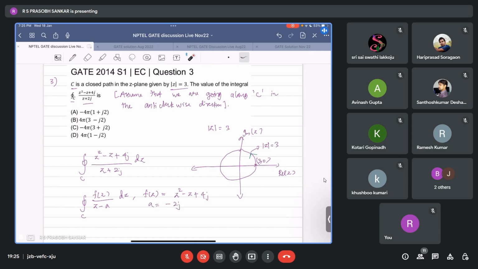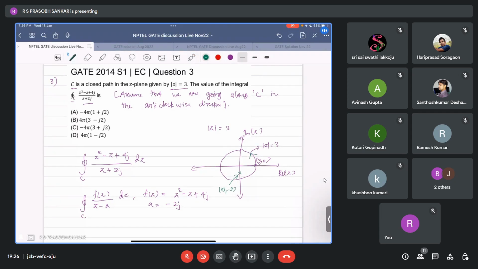It's easy to see that whatever integration we have here falls into this category, where the numerator f of z is given by z square minus z plus 4j, and the denominator is z minus a, which means a equal to minus 2j. Now, this point minus 2j happens to be inside the circle. This point is like 0, minus 2j, or we can write 0, minus 2.